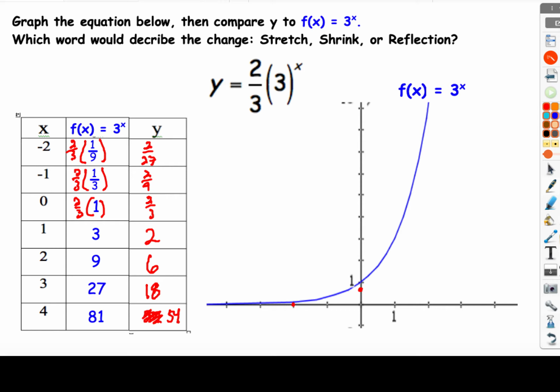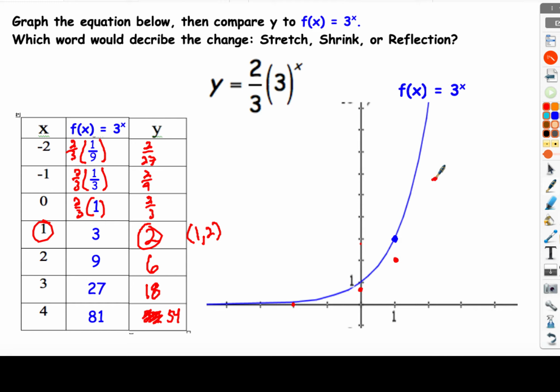So again, I'm not going to be able to plot all of these, but we said when x was 1, y was 2, right? We get the point 1, 2. So at 1, we're here, where we used to be up at 3. Now we're down at 2. Where we used to be way up at 9, now I'm at 3, 4, 5, 6.